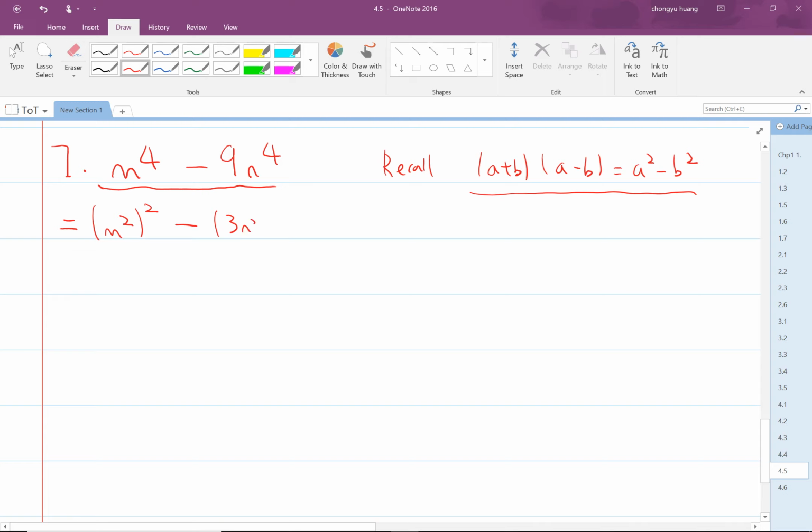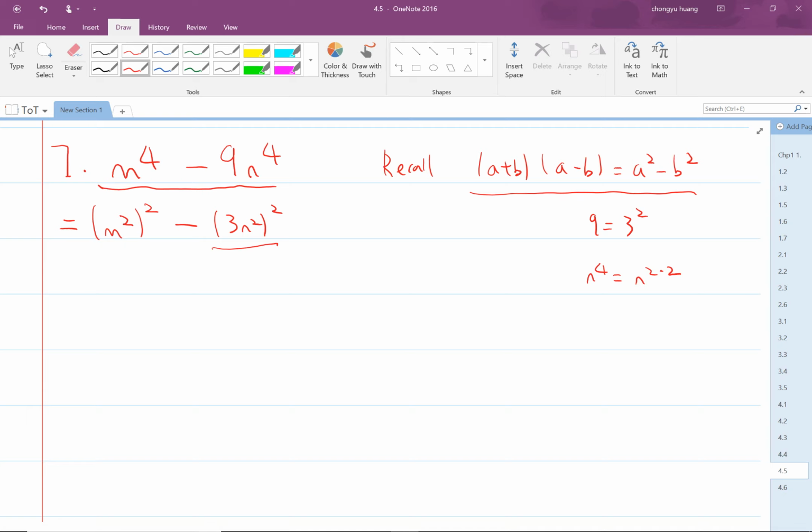Before you try to do this, you should notice that 9 is a perfect square, 9 equals 3 to the power 2, and n to the power 4 is n to the power 2 multiplied by 2. So 9n to the power 4 is a perfect square, and it can be written in this kind of form.